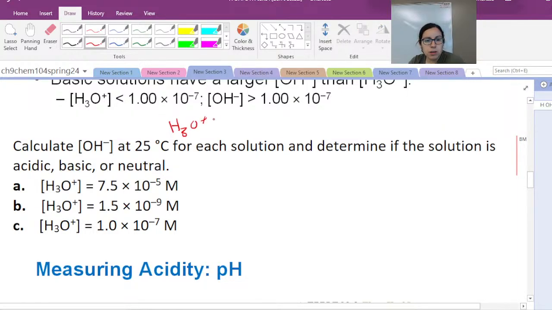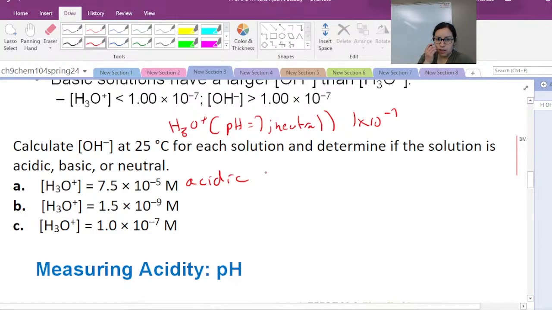At pH 7, or neutral, you said it was 1 times 10 to the negative 7. So then we just have to ask ourselves, is 7.5 times 10 to the negative 5th greater or smaller than our 1 times 10 to the negative 7? More, right? So it's more than our neutral, which means it's acidic.